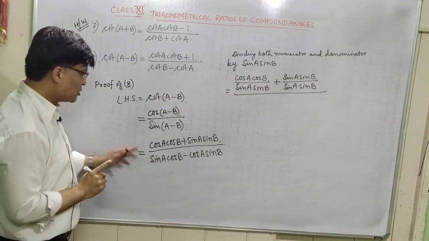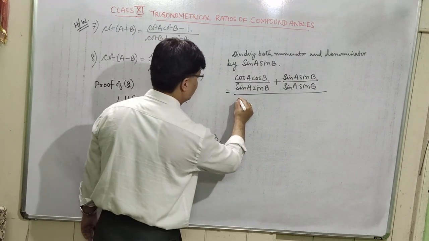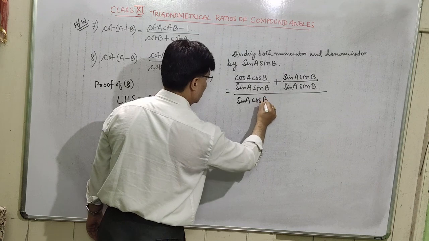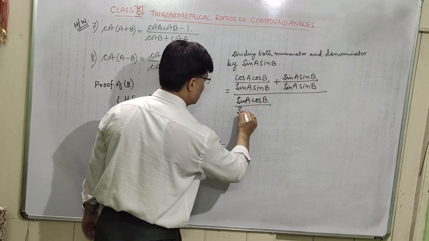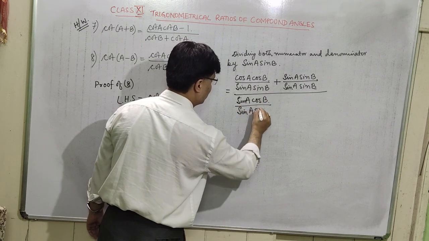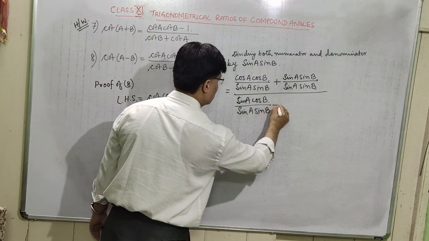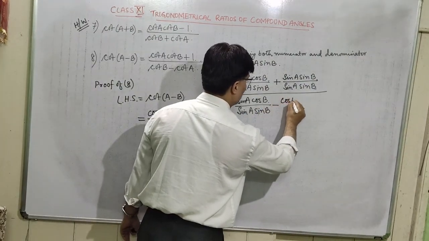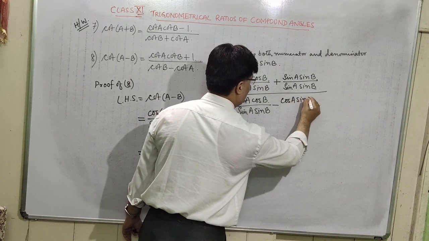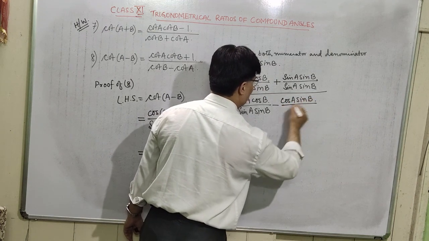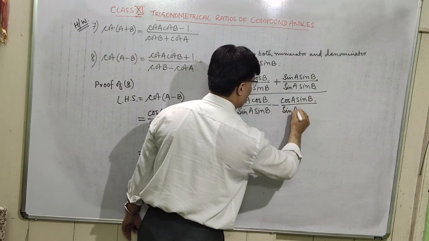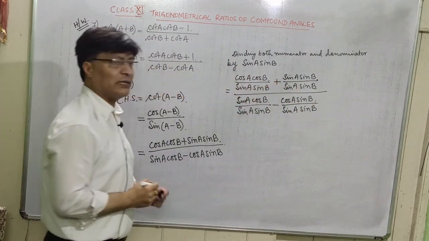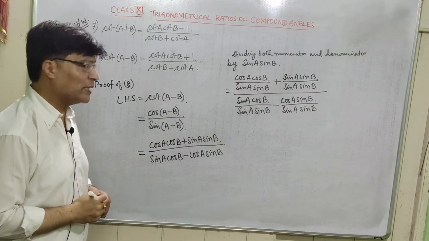Now in the denominator also you should divide it by sin A sin B. So it is sin A cos B divided by sin A sin B. Then comes minus sign, cos A sin B divided by sin A sin B. So is that clear? So I think you have understood it.